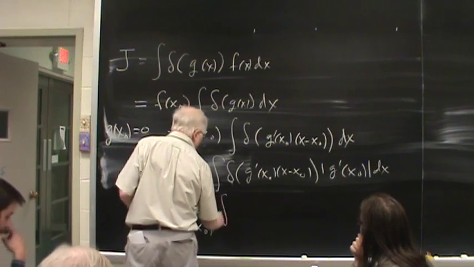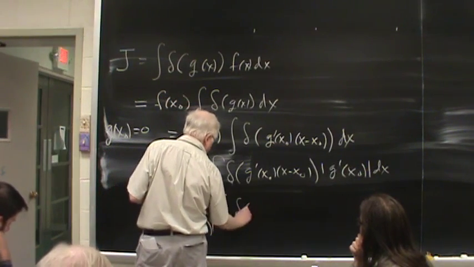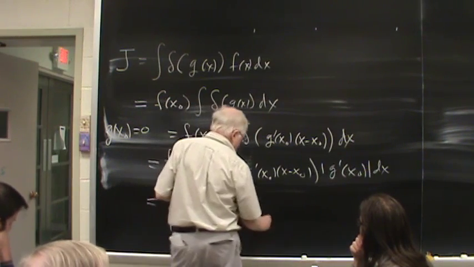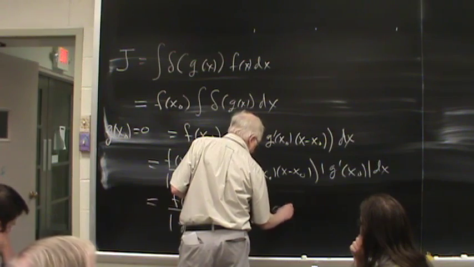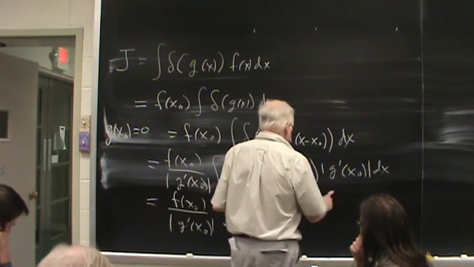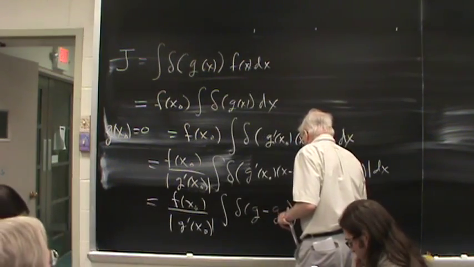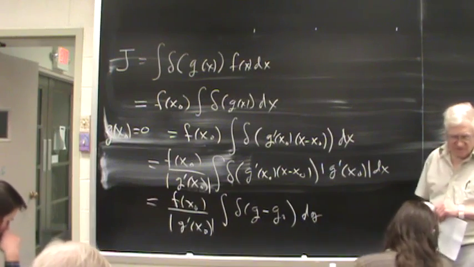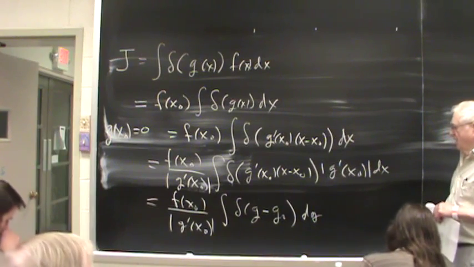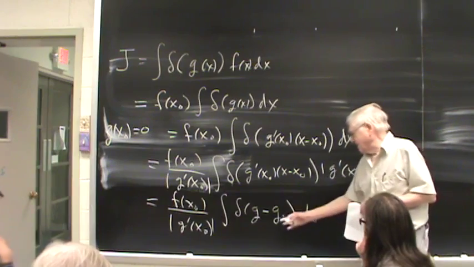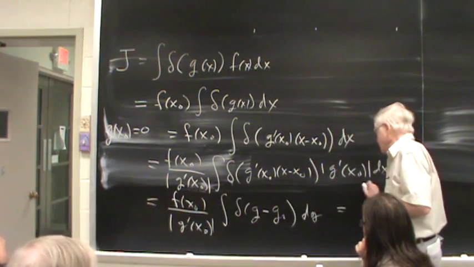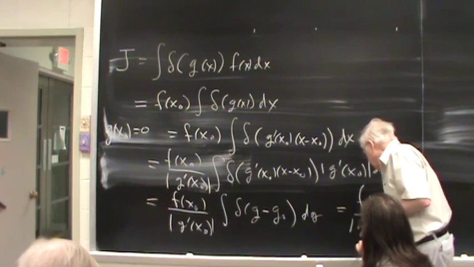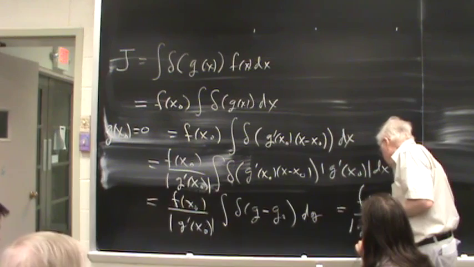And now I'm going to rewrite that as delta of g minus g0, and this is going to be dg. Whoops, sorry. But on the other hand, this integral is just 1, so this is f of x0 over the absolute value of g prime at x0.